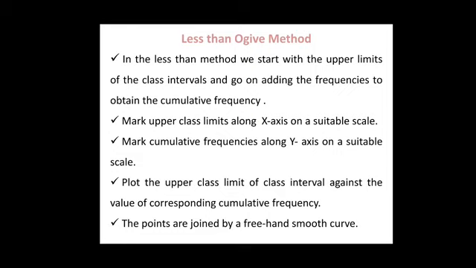The points are joined by a freehand smooth curve. The curve so obtained is called a less than Ogive or less than cumulative frequency curve. Students, the less than Ogive is a rising curve which slopes upwards from left to right.